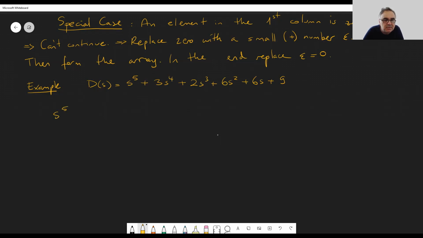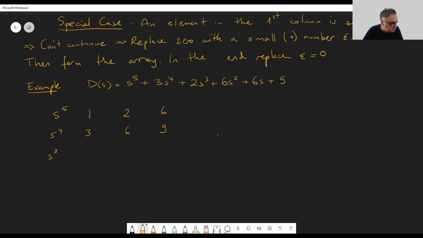So s to the 5 row is 1, 2, 6, and s to the 4 row is 3, 6, 9. Here we have the problem, as you see.